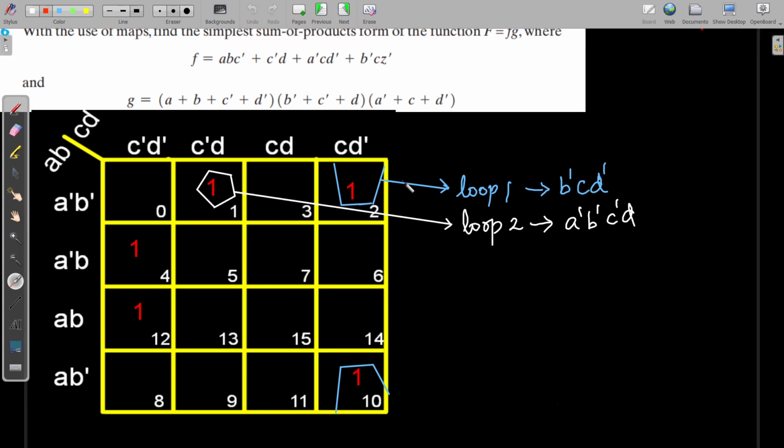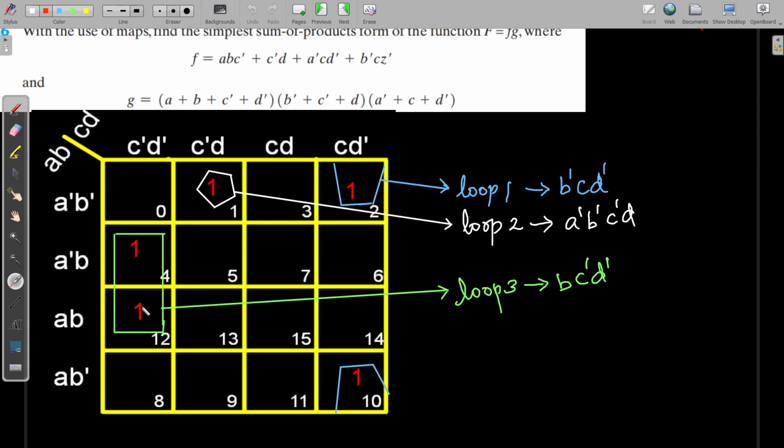Then the second one cannot be combined with any other ones. It is a single one alone, so it forms loop 2 and its corresponding expression is A' B' C' D. Then we can combine these two, the 4th and 12th cells, to form loop 3. Here we have B, and on the side we have C' D', so it is B C' D'.